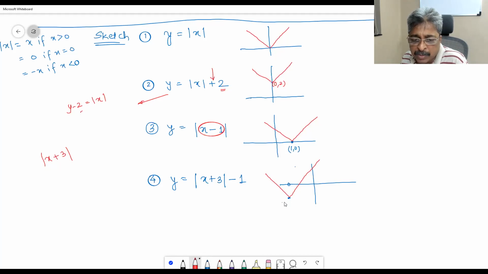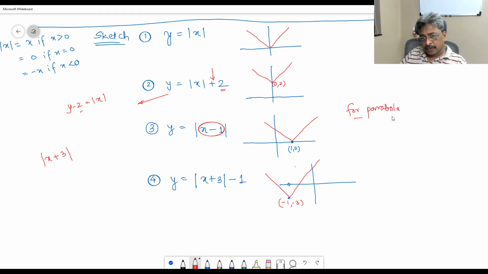This is minus 1 comma minus 3, like our vertex. If you remember, we have drawn exactly similar kinds of graphs for parabola, by making changes with the constants, by playing with the constants.